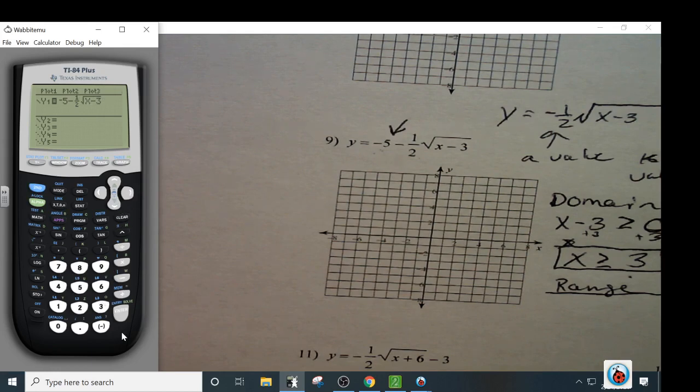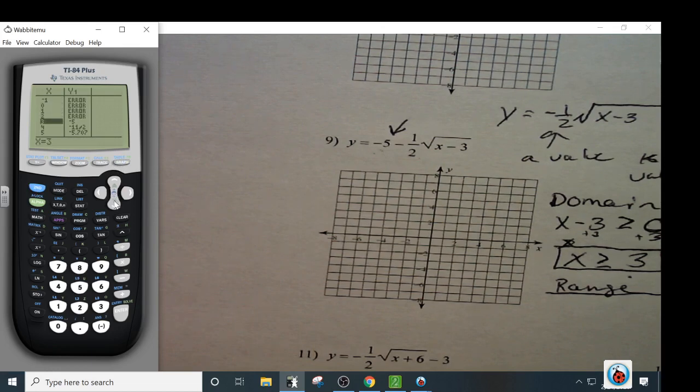All right, so I got it there just like I see it. All right, I graph it. All right, let's go to our table. Second graph brings us to our table.